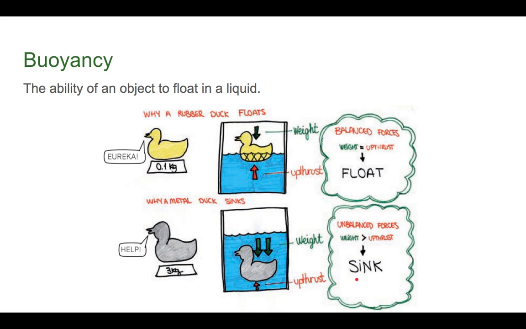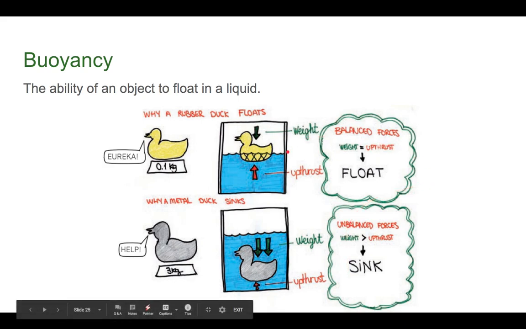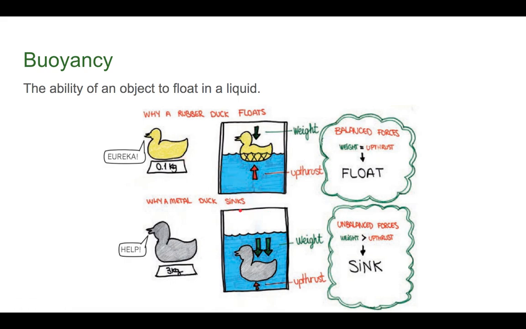Buoyancy. Buoyancy is very similar to upthrust, and it is when an object floats on water or an object sinks in water. So if the object has an equal weight to the amount of water it is in, the amount of upthrust, the object will float. The object is buoyant.